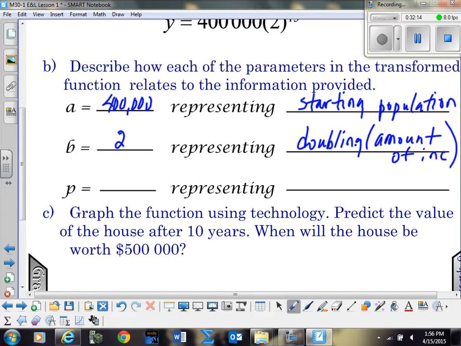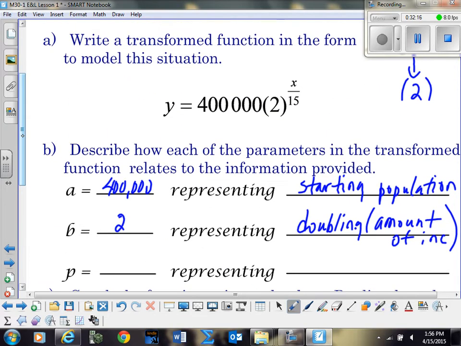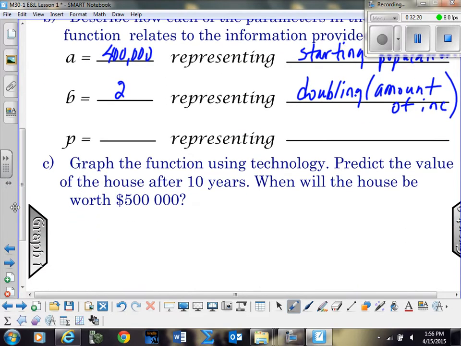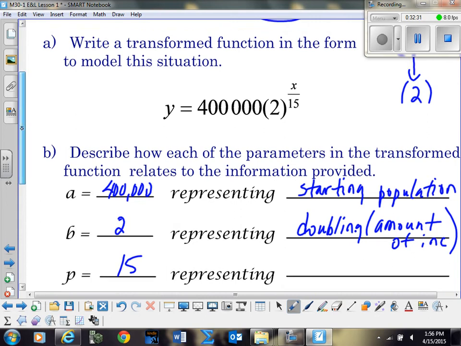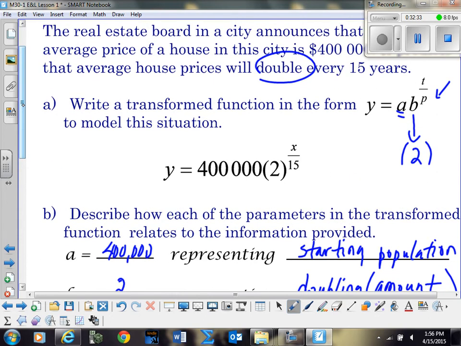And P is a variable used in this example, and that represents the doubling time, and that's 15. We always need to check the units for P and T. Going back to the original again, sorry for moving up and down, 15 years.